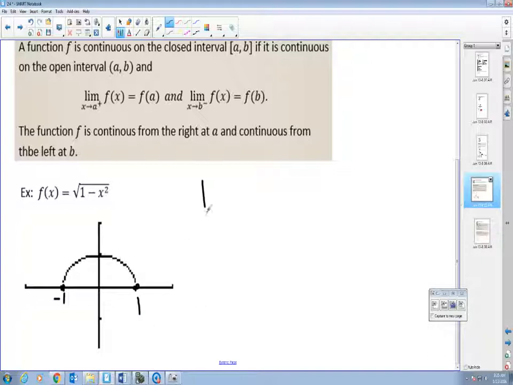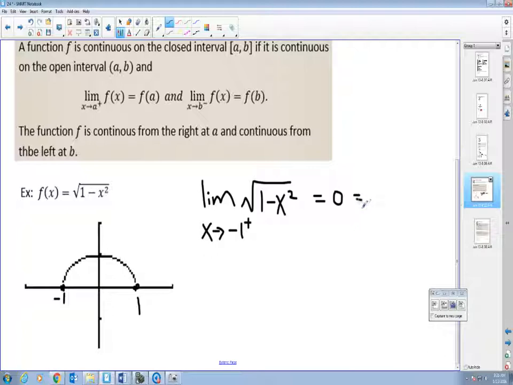If you think about the limit of this function as x approaches -1 from the right-hand side, that limit turns out to be 0, because my y value here is 0.